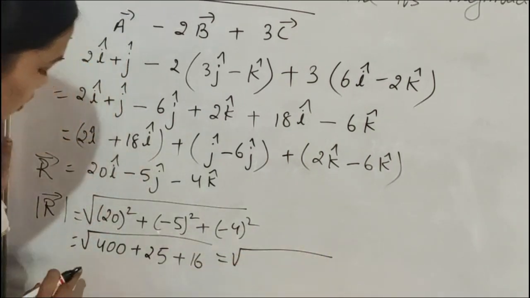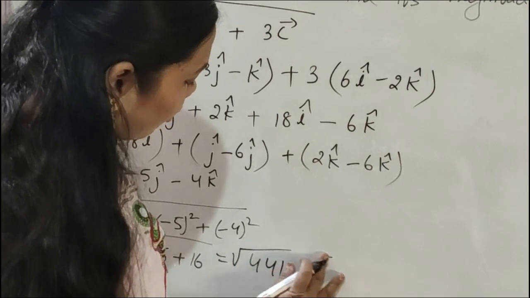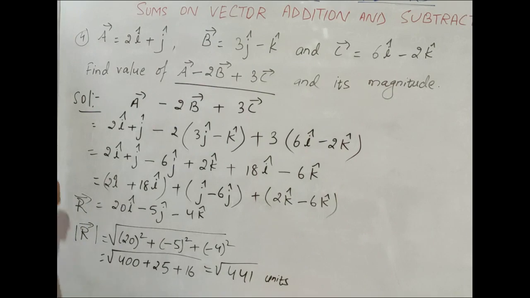Now 400 plus 25 is 425, plus 16, the square root of 441 units. Clear, children? So write down this question.